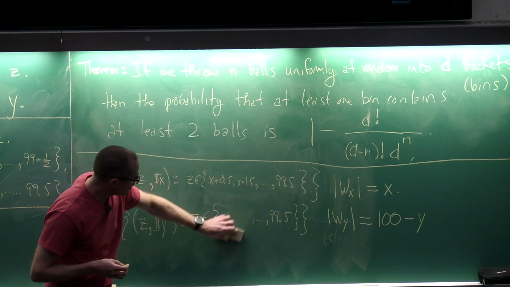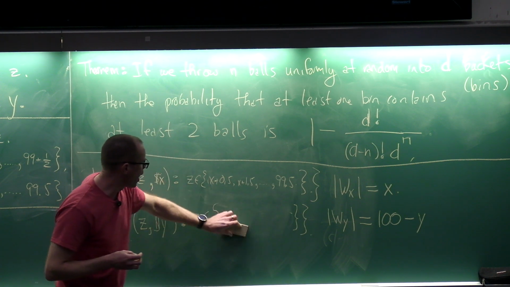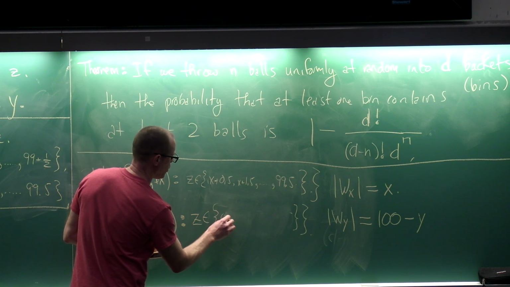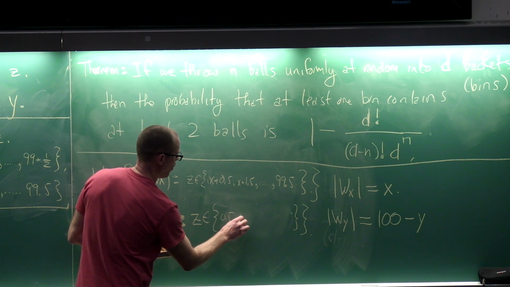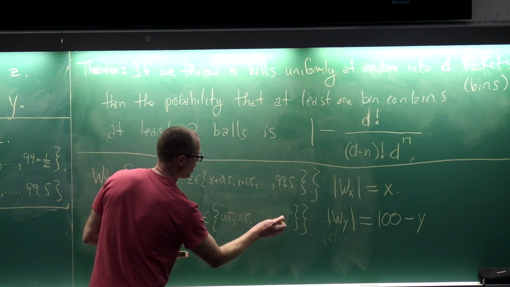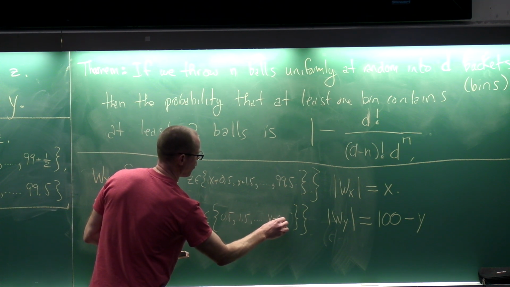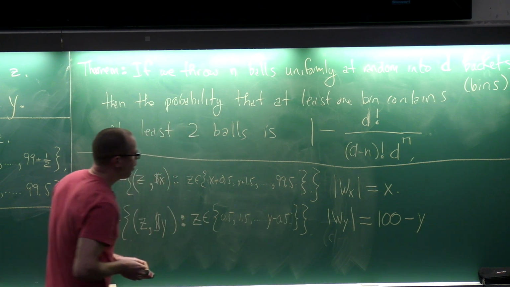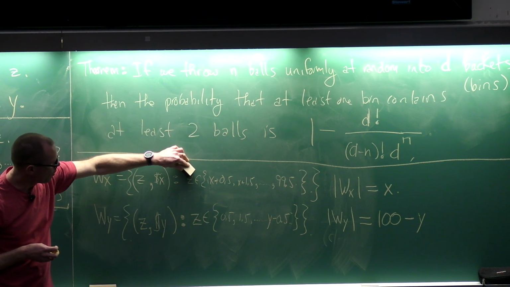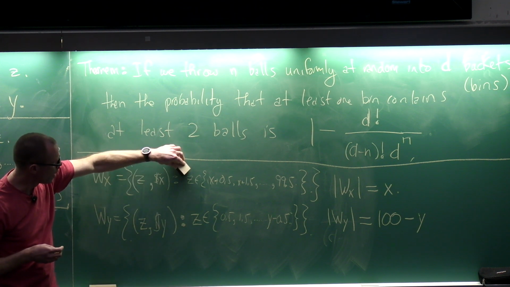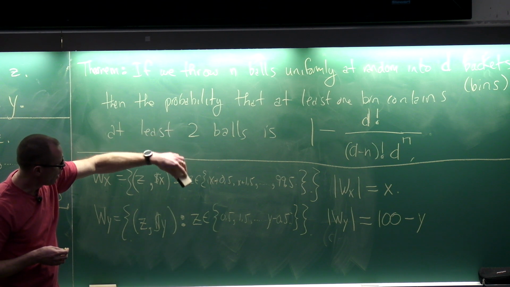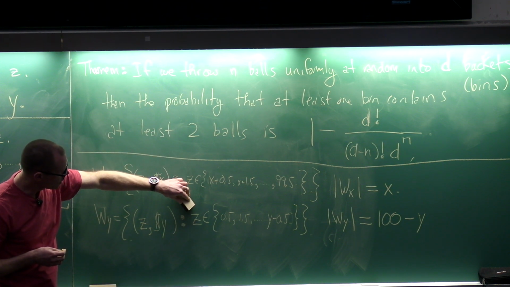And here, I'm happy if I pick a value z which is smaller than y. So that would be 0.5, 1.5, all the way up to y minus 0.5. Let's get these sizes right. We answered them correctly when I defined them, just the wrong way around. For y, this is easy.